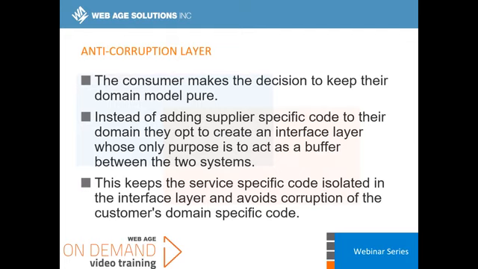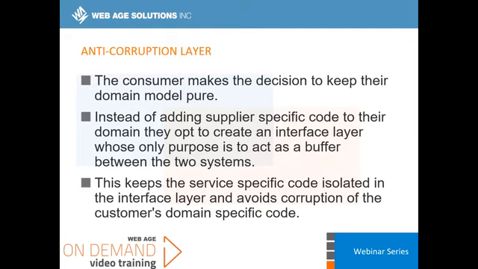And so I can live with the performance issues or whatever they happen to be, or the potential security issues, or any of the other concerns that I might have, in being able to set up a separate translation layer. We call this the anti-corruption layer, in part because it means that I'm not corrupting my domain model. I'm keeping my domain model pure, and keeping the potential corruption out there at the interface side. Right?